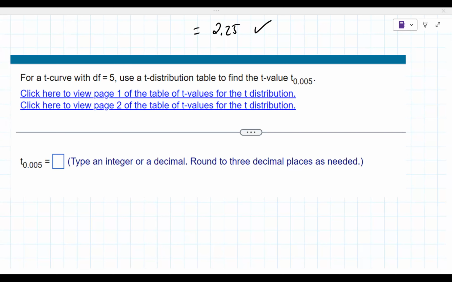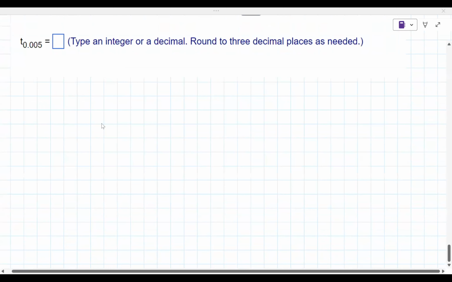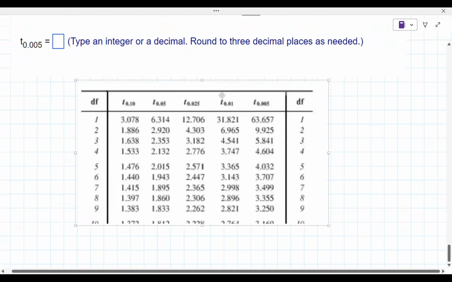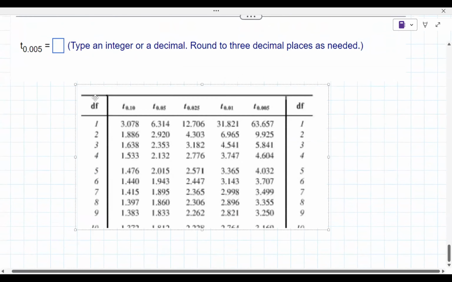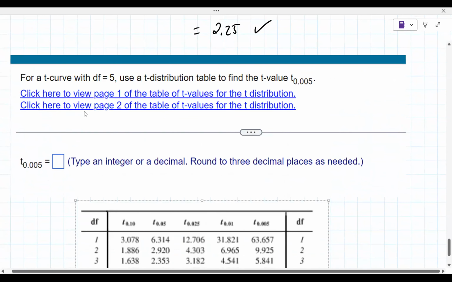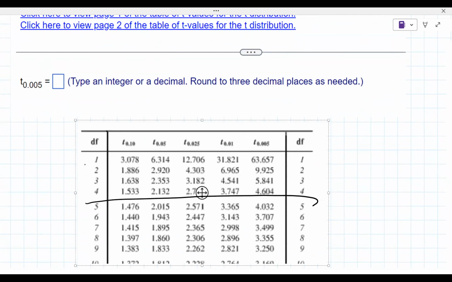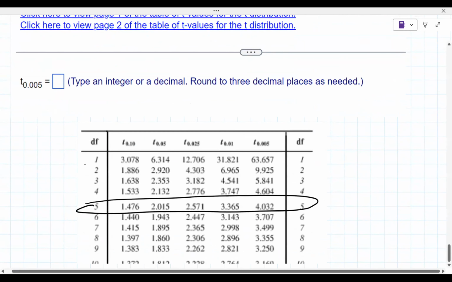So the way to use this table, and you do have to learn how to use this, I wish there was a better way, but there just isn't, is you first identify which column or which row you're in. So degrees of freedom is 5, DF is 5. So you're in this row here. And you can see that there's all these corresponding values.